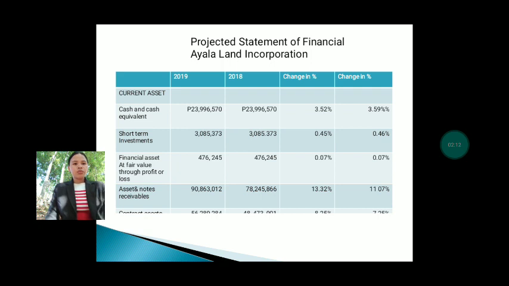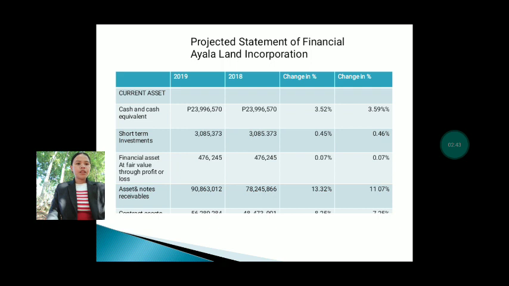So you divide it and multiply by 100%. The result is 3.52%. The same process applies to 2019, and the result for 2019 is 3.59%. And how do we interpret it?